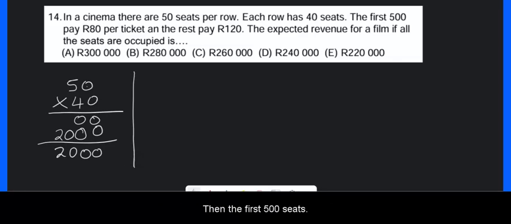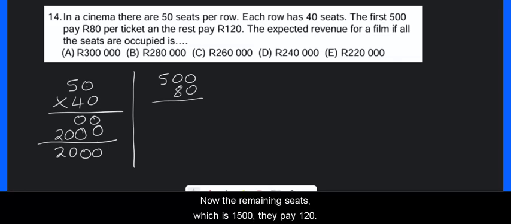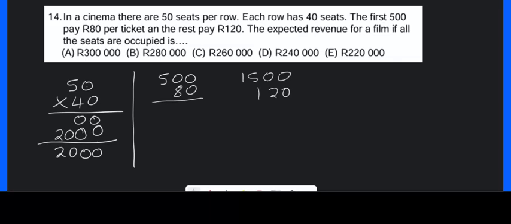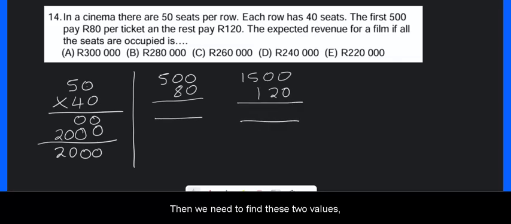Then the first 500 seats, they pay 80 rand. What is that? Then we need to calculate that. Now the remaining seats, which is 1,500, they pay 120. Then we need to find these two values, add them together to find the total revenue.